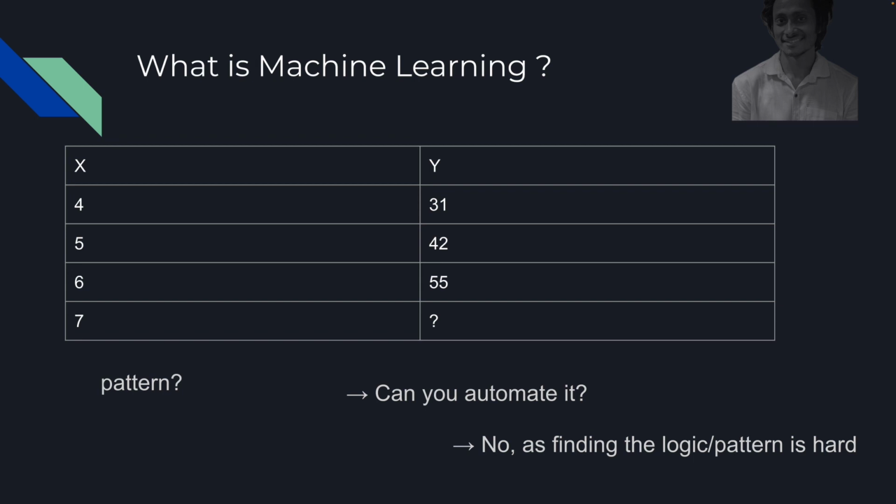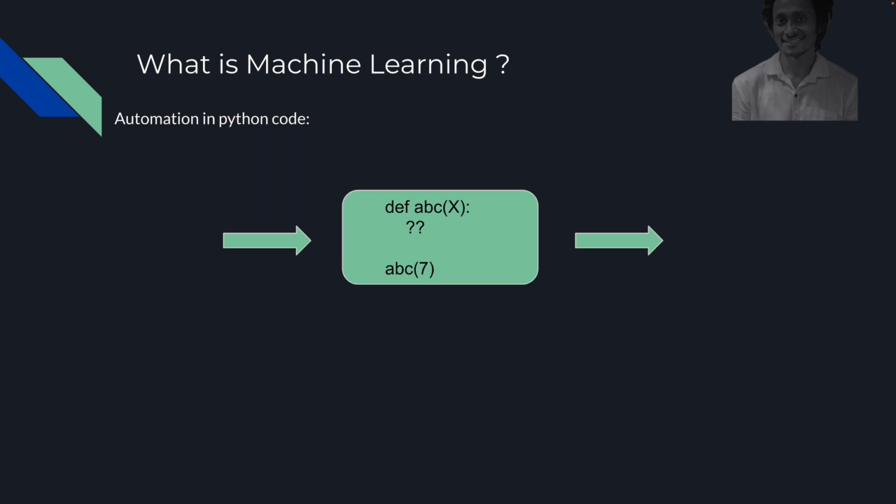The answer is no, because we were unable to find the pattern, or let us say it is very hard to find the pattern, right? But what if I use a machine learning approach?